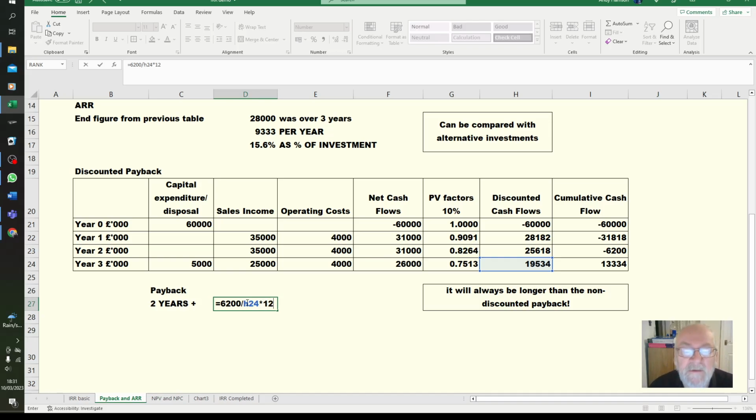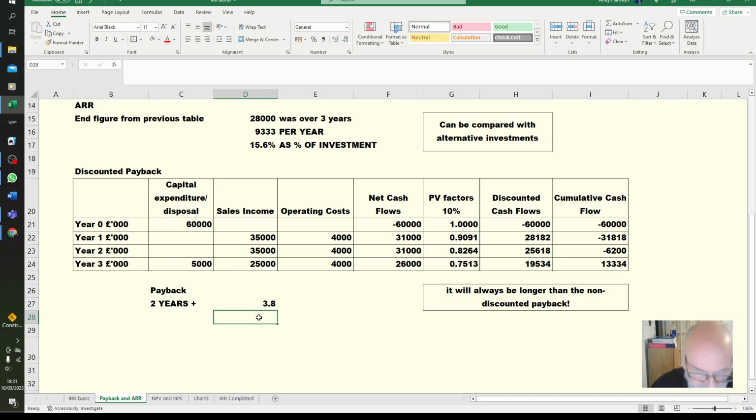Still times by 12 though. 3.8 months, so 2 years, 4 months to the nearest. I can't see any reason for rounding that down ever on that number. So that's the first 3 methods dealt with, and we've introduced the idea of PV factors, so the rest will go a little bit quicker.